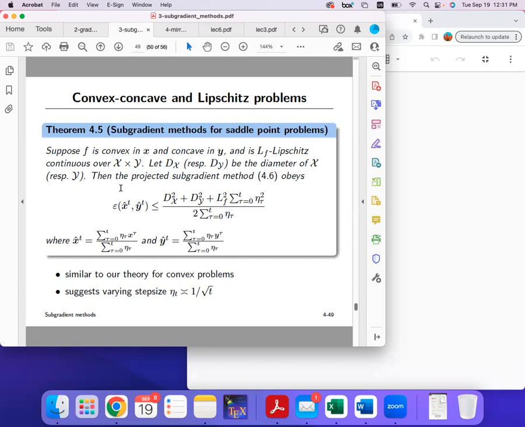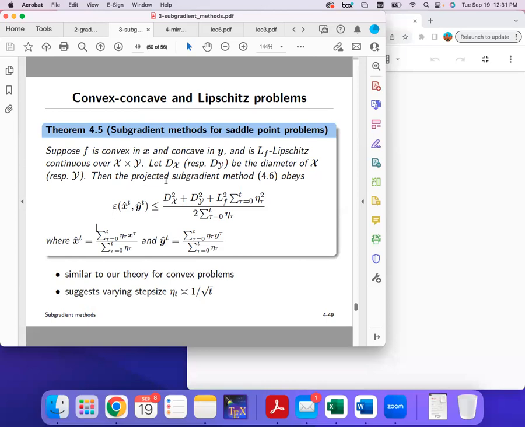So first of all, we are looking at the duality gap at these two points, x hat t and y hat t. Well, x hat t and y hat t are weighted averages over the x_t's generated in the previous t iterations.